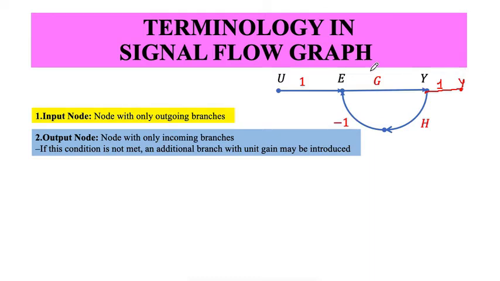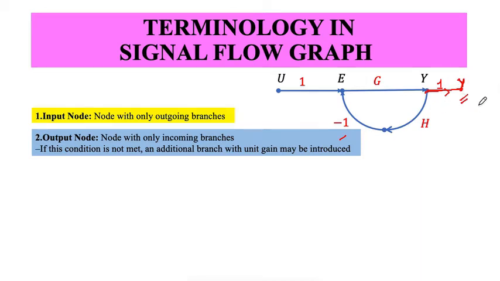So here I really don't satisfy this definition directly. The node with only incoming branch, then this condition is not met. What do I do? I just take this guy and put a gain of 1 and put an arrow here, and this will still be Y, but it will be my output node.